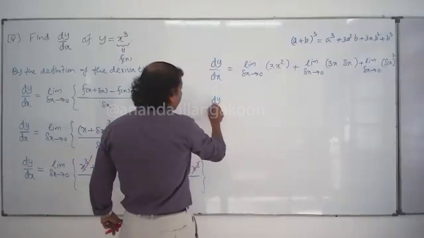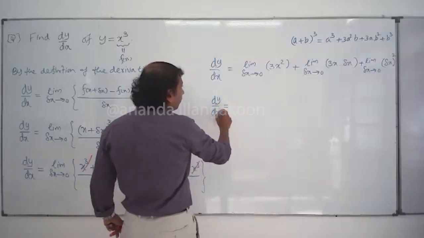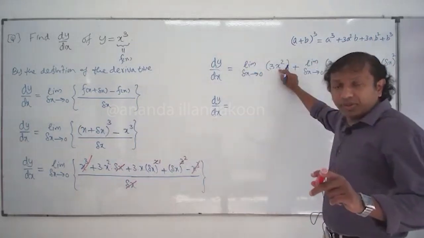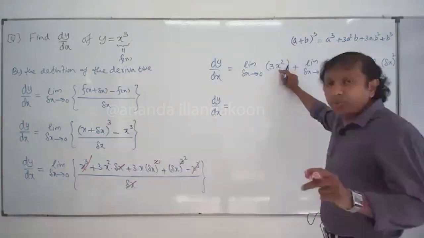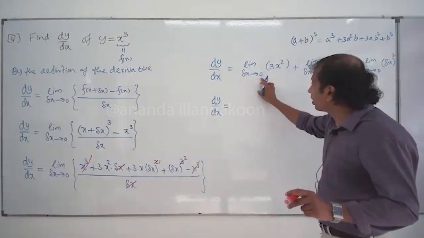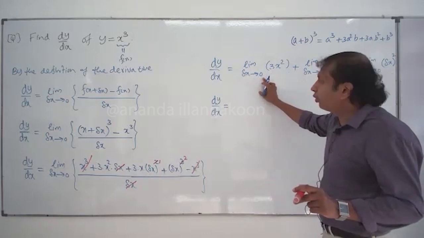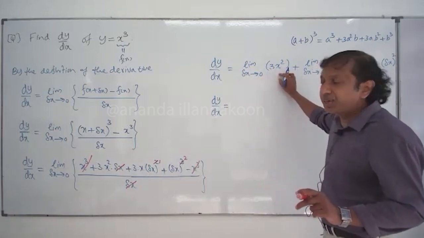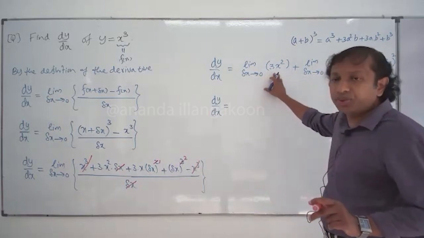Now, next one, dy by dx. People, we said what? In the earlier first illustration, you could see this simple x is one change, though this delta x is going to 0. If this x is one change, x squared is one change, then 3x squared is one change. This expression is 3x squared.